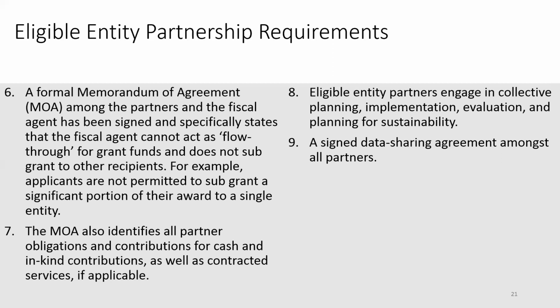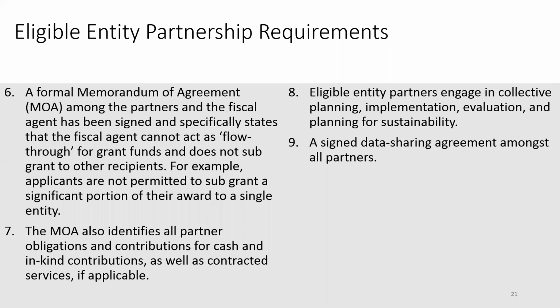Your MOA will identify partner obligations and contributions for cash, in-kind, or contracted services if applicable. And as previously stated, if the primary partner is contracted for services in an amount of funds that is a lot compared to what you're requesting in your application, it won't appear as if they're a partner. It will appear as if they're a contractor and would not be considered a primary partner in terms of this project.